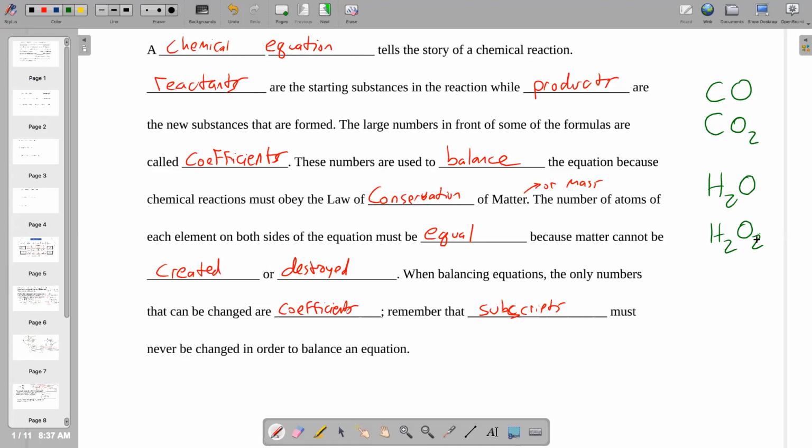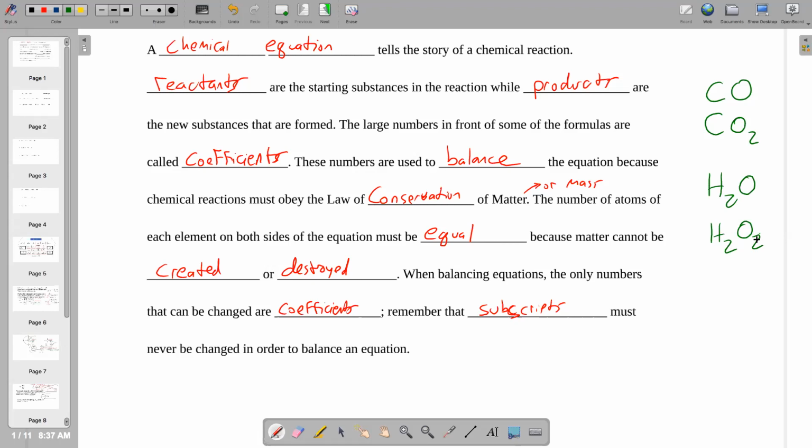So if you were to change the subscript to help balance the equation, that would completely change what chemical is present. We're not changing what chemical is illustrated, but changing the coefficient in order to balance the number of atoms that have to be present. That's the fundamental principle of balancing equations.